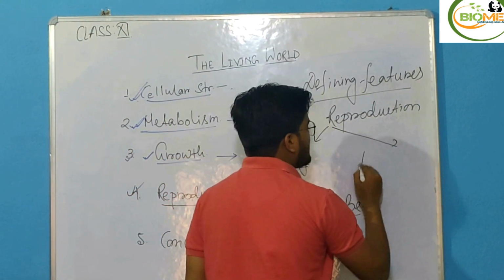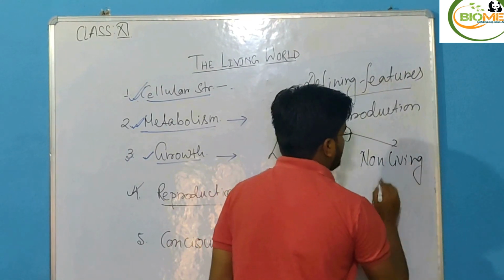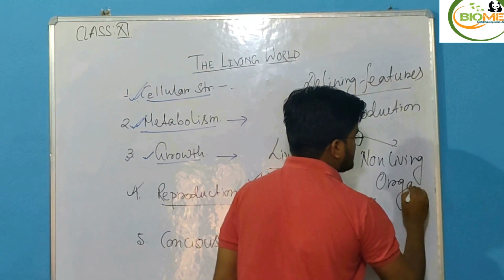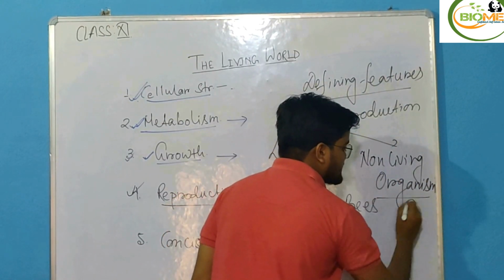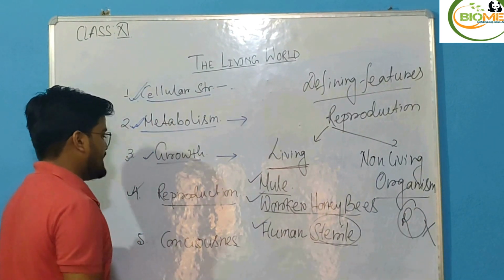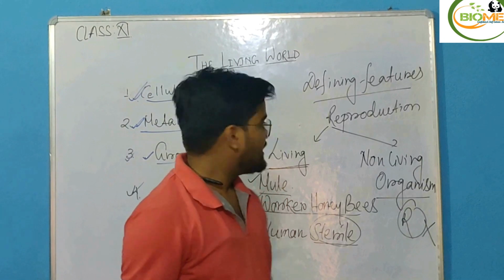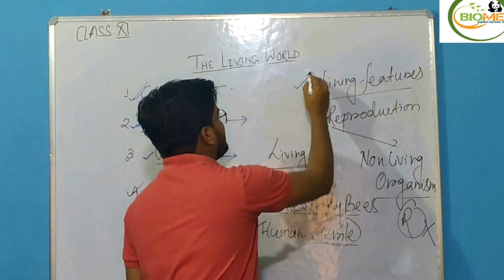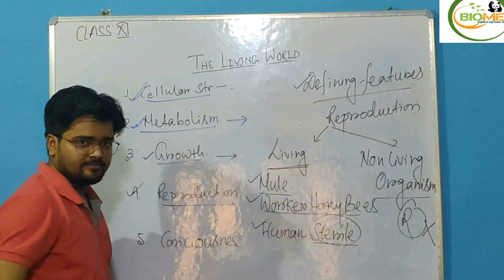And in non-living organisms, the reproduction process is completely absent. That means reproduction is not a defining character of living organisms.